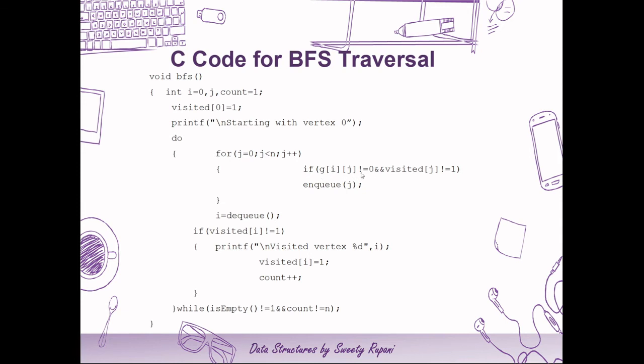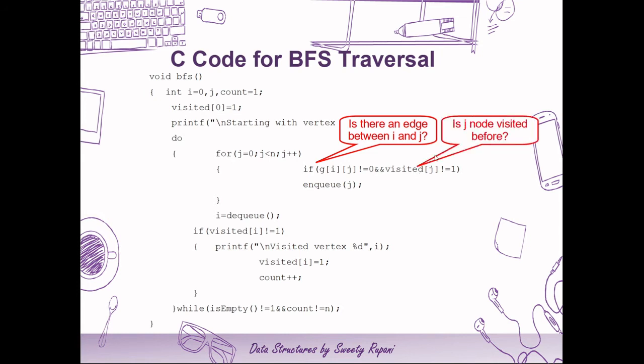So g of i j not equal to 0 checks whether there is an edge between i and j. If yes, then we will check the second condition: if j has already been visited, then that would have been marked with 1. In that case, if visited of j is not equal to 1, if it's not visited, then I have to enqueue it, otherwise I don't have to enqueue that particular node.